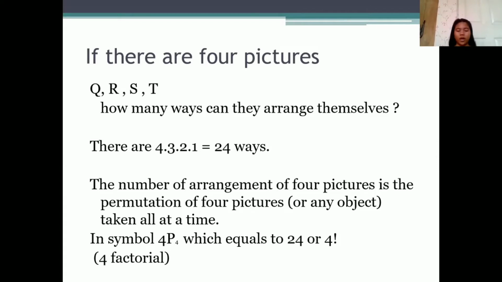That's why we have the permutation of 4 taken all at a time, which is equal to 24, or that is 4 factorial. This is another solution for 4 factorial: 4 times 3 times 2 times 1, or 4 factorial, is equal to 24.